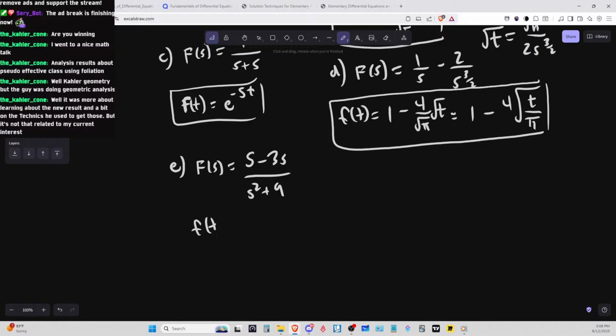So f of t. I know this part has definitely come from a cosine or a sine. So this is 5, it's not s. So let me just write that a little bit more clearly. There we go. Now it looks like a 5.